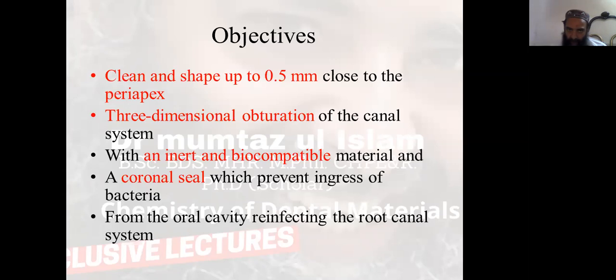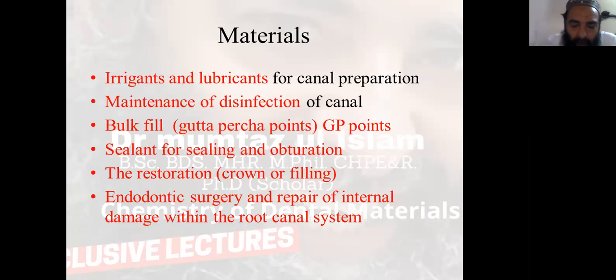You people are now well aware of all these terminologies. A coronal seal prevents ingress of bacteria from the oral cavity to reinfect the root canal system, which we have disinfected and prevented.